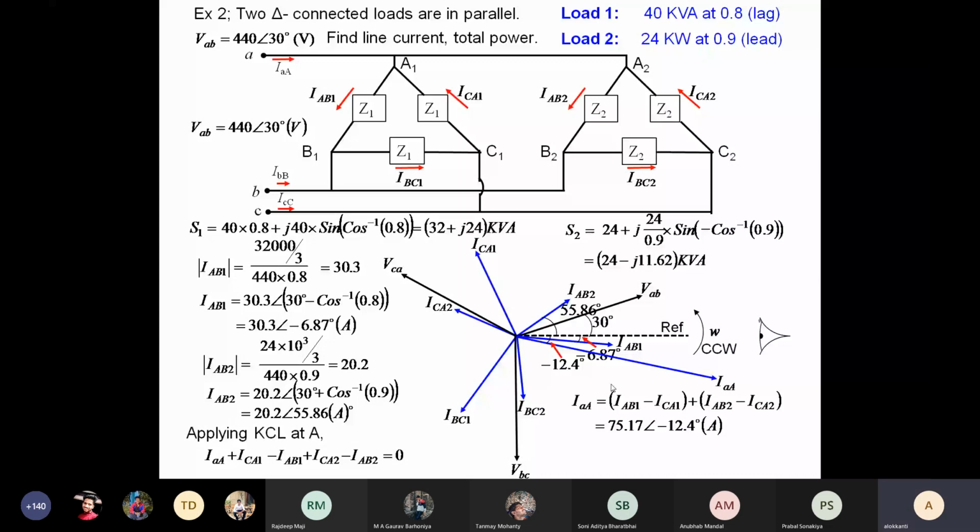Once you have IAA, then you can find out IBB and ICC also. It will become clumsy, so I did not show it in this phasor diagram, but IBB and ICC are also there, since both of the loads are balanced. They are shifted by 120 degrees, so you can find the angles of IBB and ICC also.